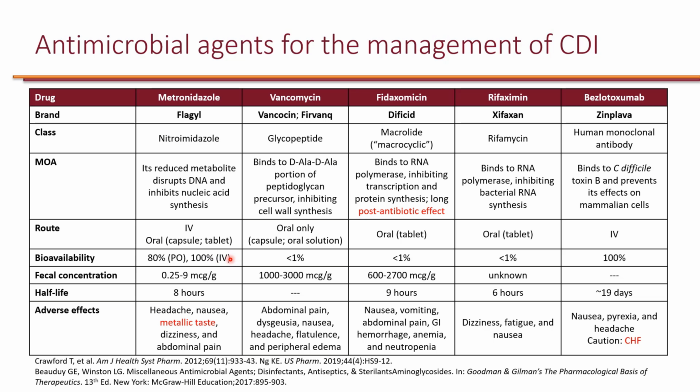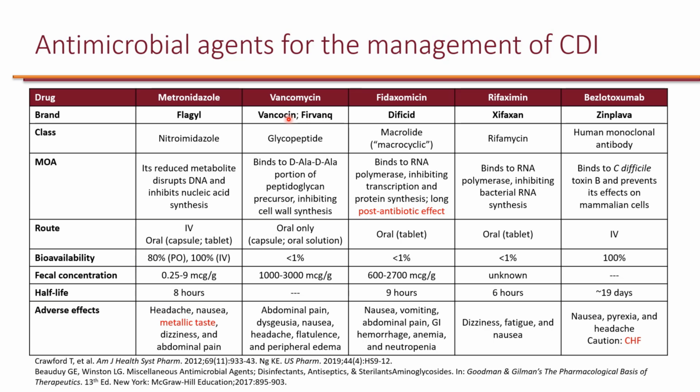And of course, with IV, 100% bioavailability means that the entire drug goes into the bloodstream, and then a portion of it may actually go from the blood to the GI tract. One adverse effect that's unique to metronidazole is that the patients might get a metallic taste. Now, this is specifically with the oral formulation, not with the IV.